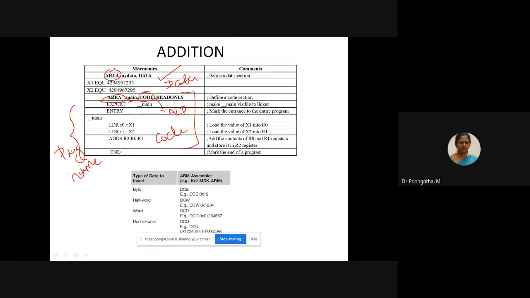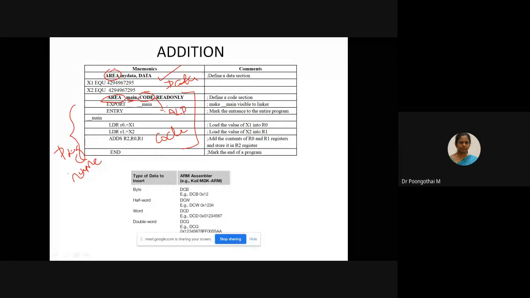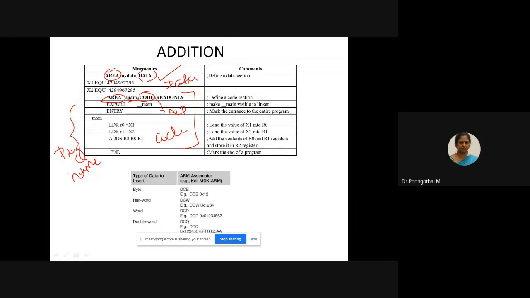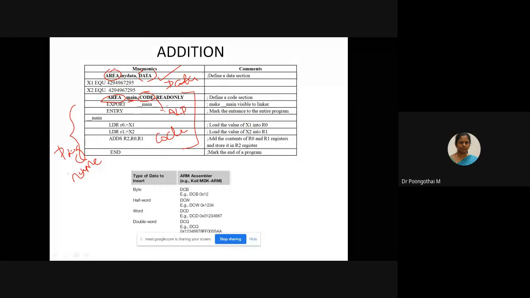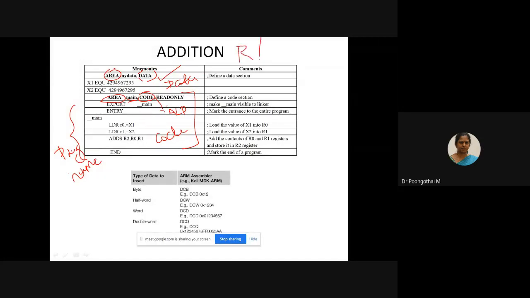Read-only mode is the default mode for the code section. Next, coming to the data area, AREA and myData is the name of your data area, and this word DATA indicates that the particular section contains data, not instructions. The default mode for this area is read and write.